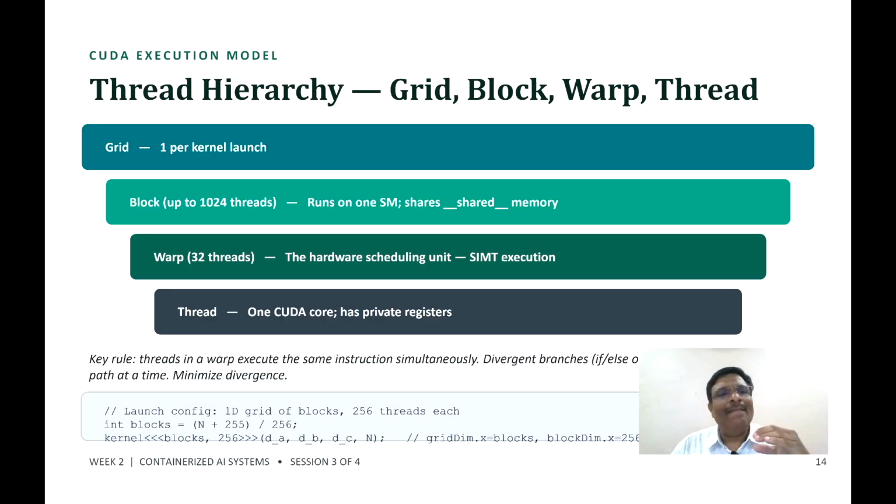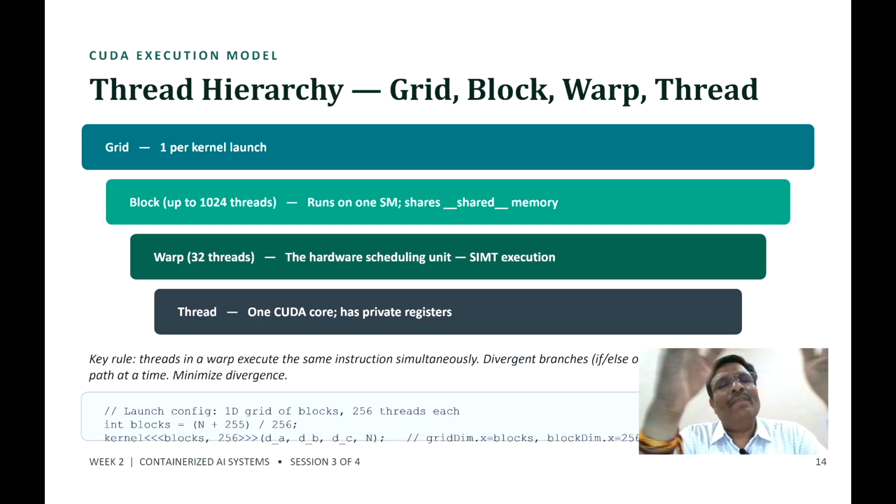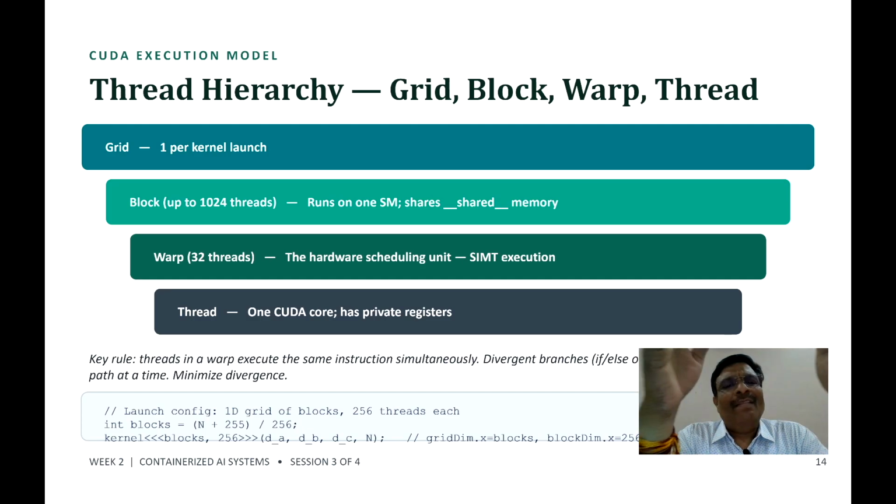Then we have the streaming multiprocessor, and there is a block, which is up to 1024 threads, and that block runs on one streaming multiprocessor. It has a shared memory concept for all of the threads in a particular block. Then we have a grid, wherein there is one per kernel launch.